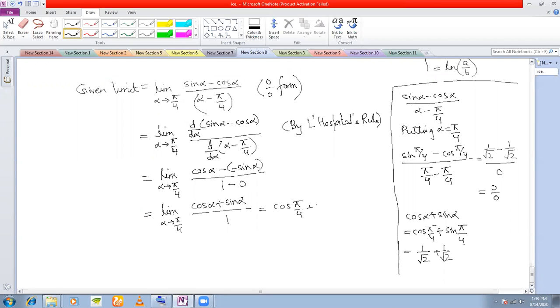You get cos pi by 4 plus sin pi by 4. So you get 1 by root 2 plus 1 by root 2. Now you take the LCM. You get 1 plus 1 by root 2. It's 2 by root 2. 2 can now be broken as root 2 into root 2 by root 2. Root 2 cancels. You simply get root 2 as your answer. Clear?